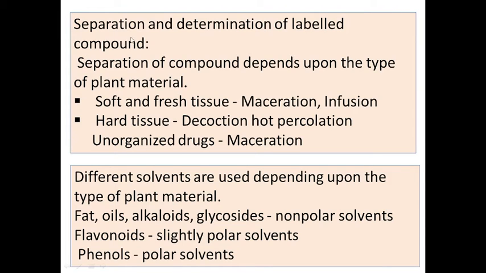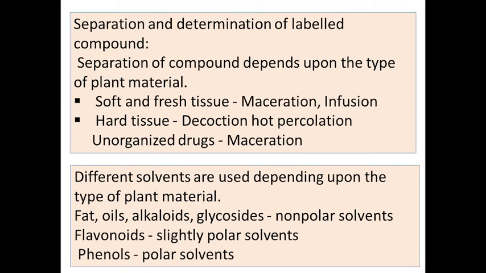After imbibition, the crude drug material is packed in the percolator. After packing, the solvent is added and allowed to saturate, and when the solvent comes through the outlet pipe, close the knob and place the lid on it.